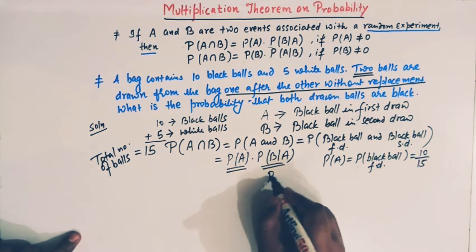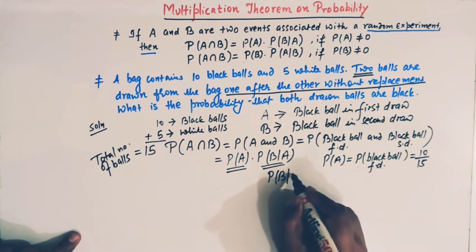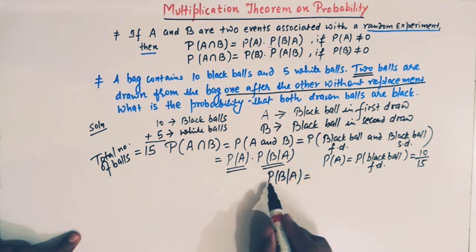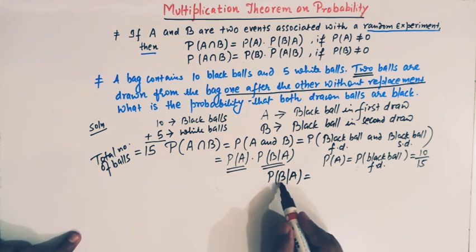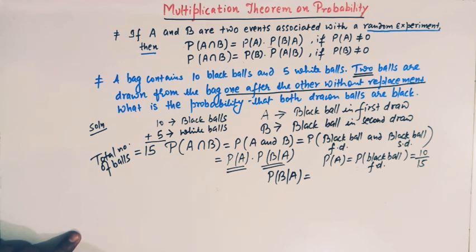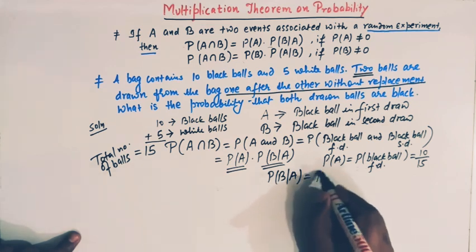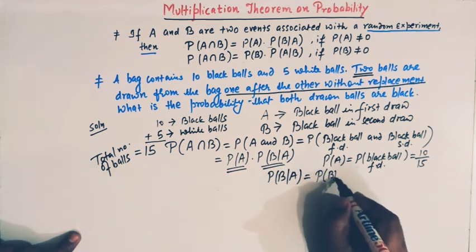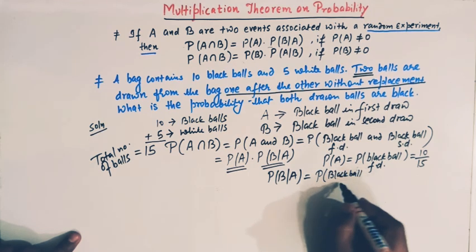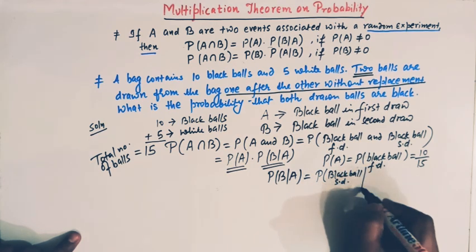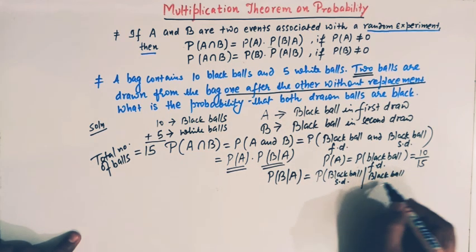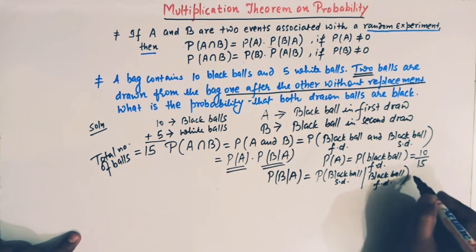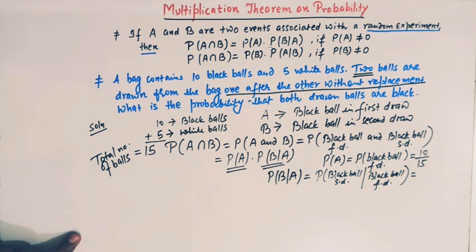Now what is the probability of B|A? It means we have to now find the probability of happening of this event B when A has already happened. So it means now we have to find the probability of getting a black ball in the second draw when a black ball in the first draw has already been obtained, right? So one black ball has already been drawn.